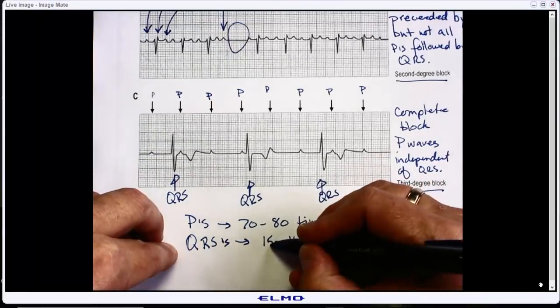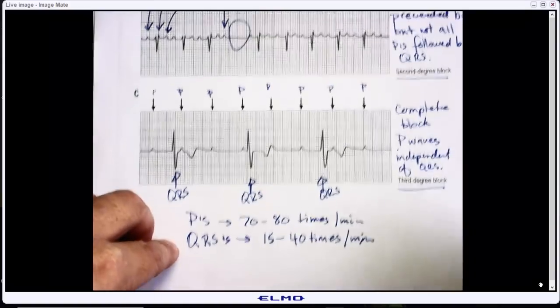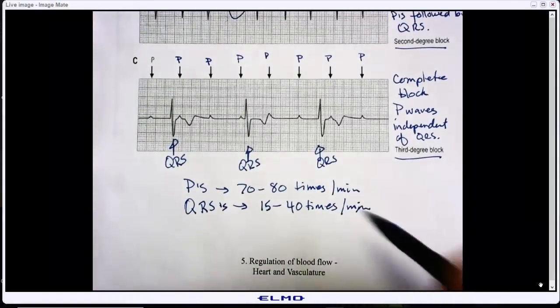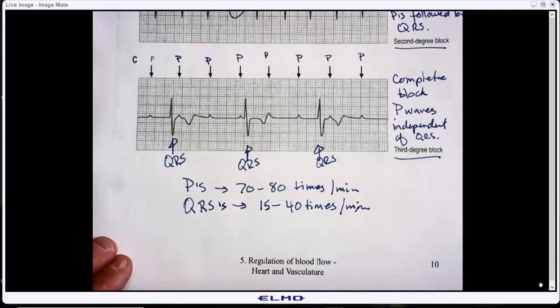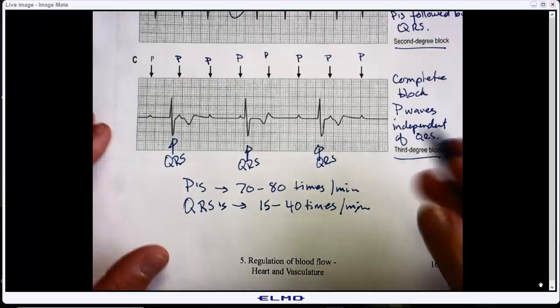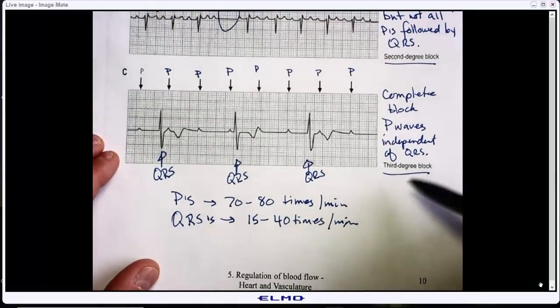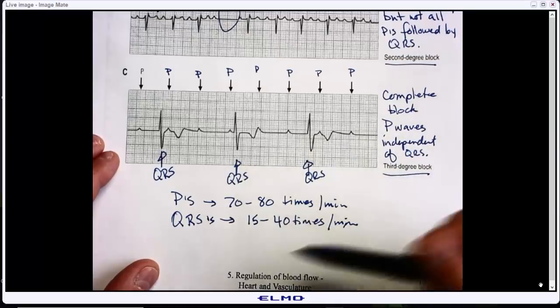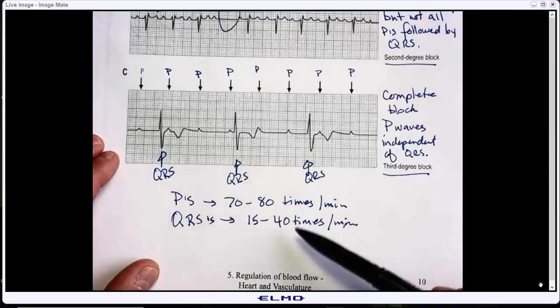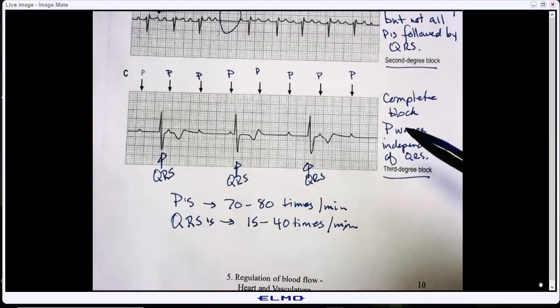So that means, though, that if ventricles are only contracting 15 to 40 times per minute, that's blood output from the heart, and that's problematic. The heart isn't putting out enough blood now to actually feed the body, so you can't actually live any quality of life with third degree block. You actually need a pacemaker put in to speed up the pacing of the ventricles in order to get enough cardiac output.